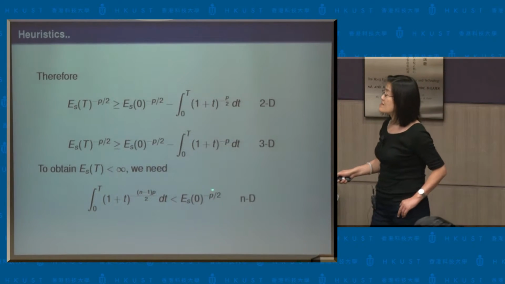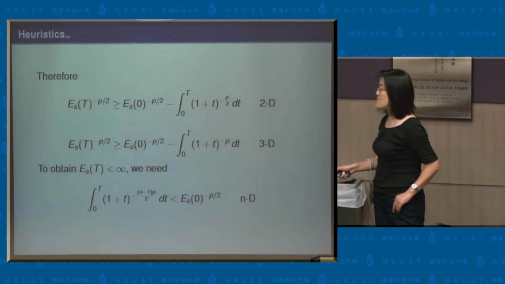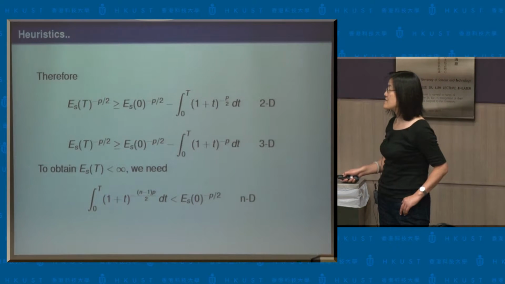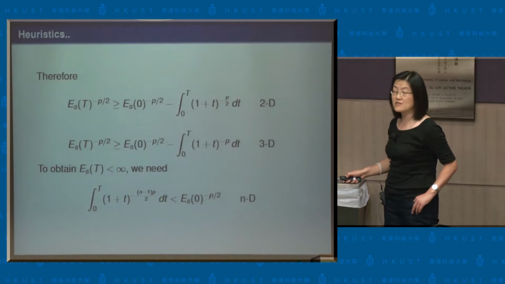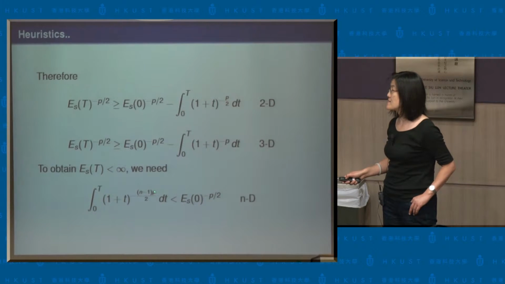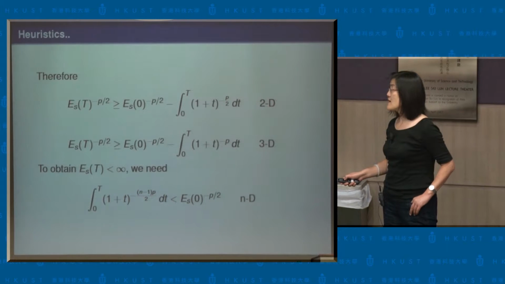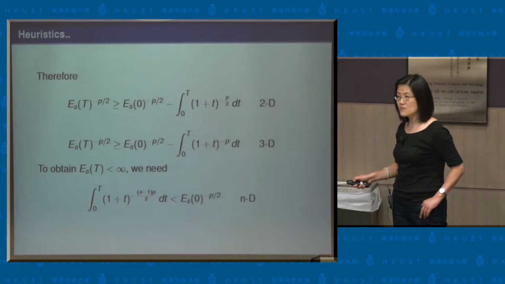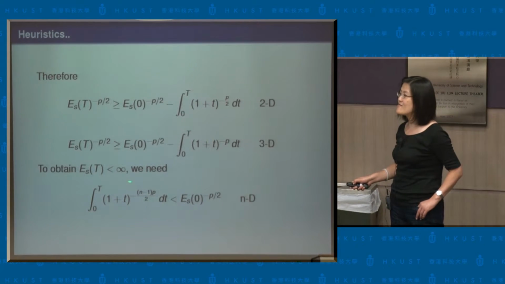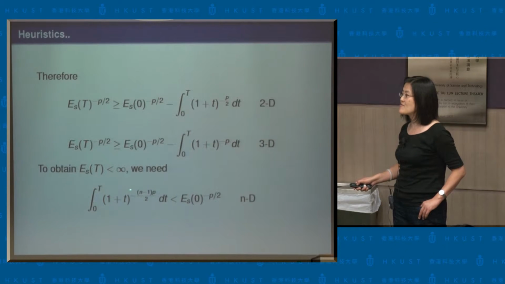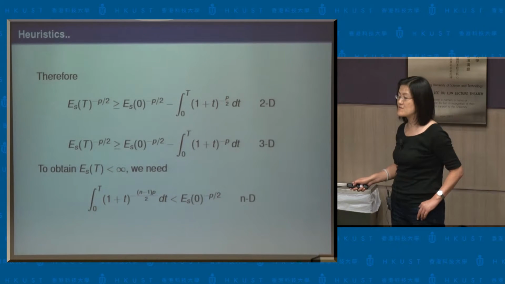So now we test what happens when we plug in different nonlinearities. If p equals 1, that means we look at the quadratic nonlinearity. For the 2D water wave, we plug in n equals 2. If p is 1 and n is 2, we are integrating 1 over the square root of 1 plus t, right? This integral will become infinite when capital T goes to infinity, so it cannot be bounded by the right-hand side for all t.